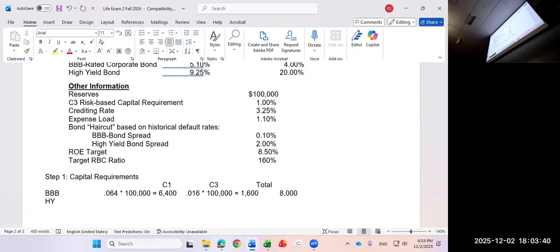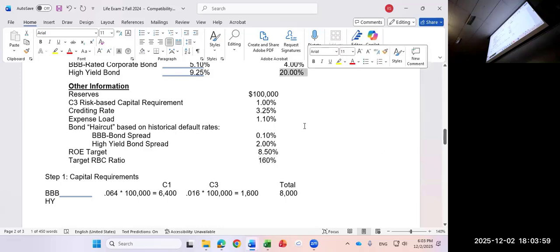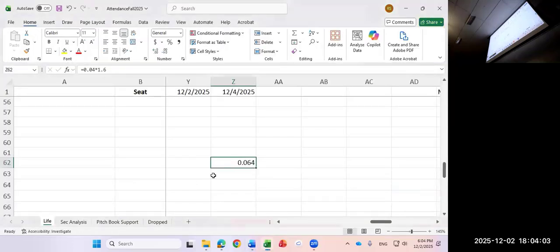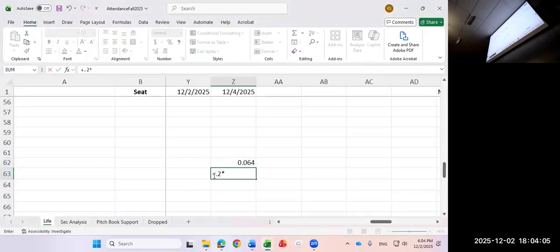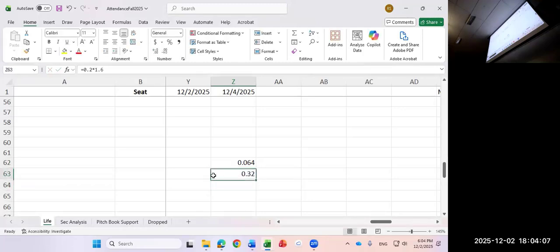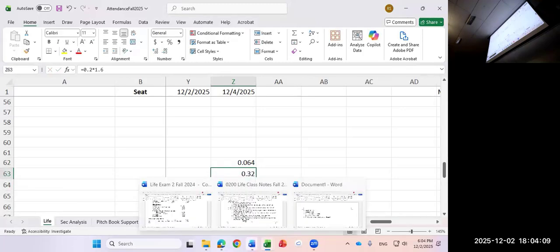Y'all check my work, make sure I'm getting it right. Don't be the student that tells me on the way out of class, so that now I have a video with all wrong numbers. So that looks right to me. The high yield, we're going to apply 1.6 to the 20%. That should give us 32, but we'll see. 32%.